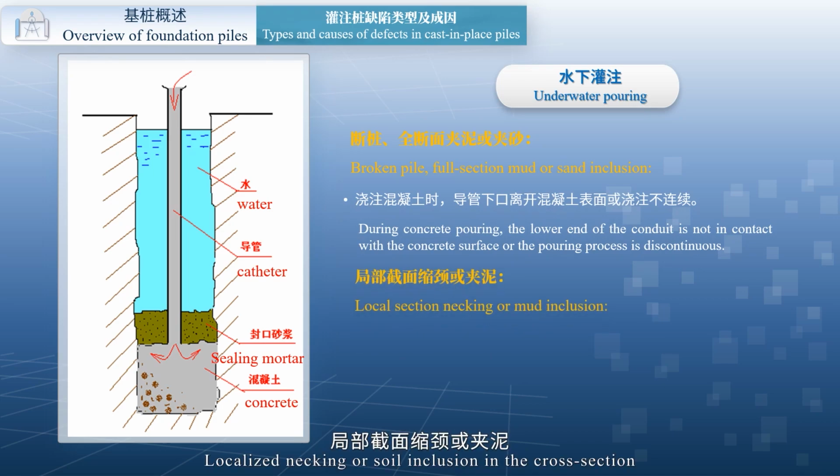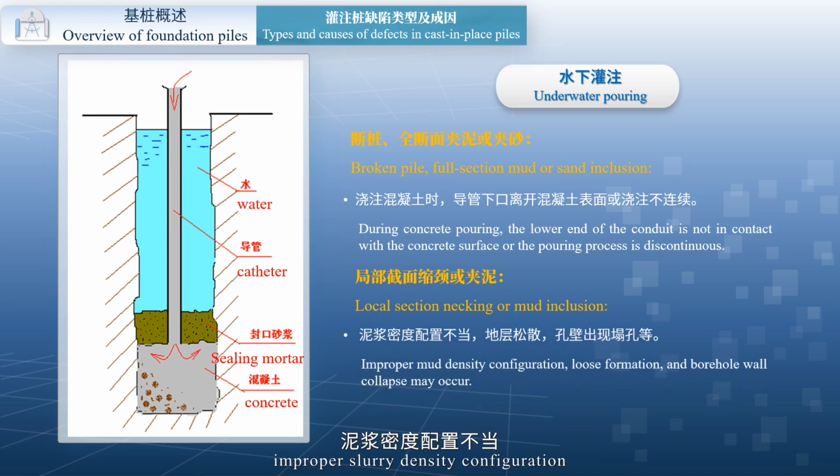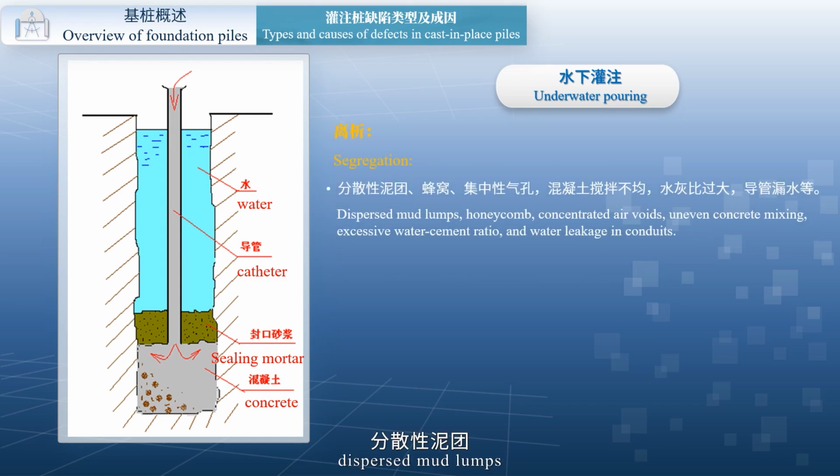Localized necking or soil inclusion in the cross-section: improper slurry density configuration, loose strata, collapse of borehole walls or similar occurrences. Separation, dispersed mud lumps, cellular concrete, concentrated air voids: uneven concrete mixing, excessive water-cement ratio, water leakage in conduits, etc.